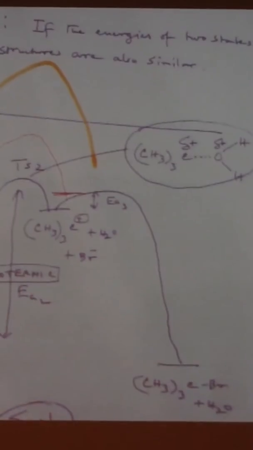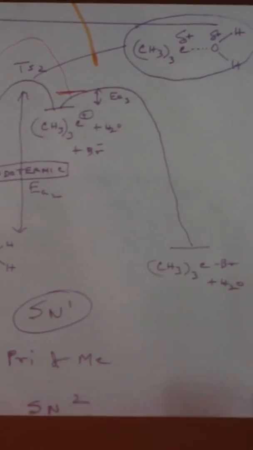All right, so what we showed there is the way to convert an alcohol to an alkyl halide. But because the energy demands are high for the primary and the methyl, there are often other methods.